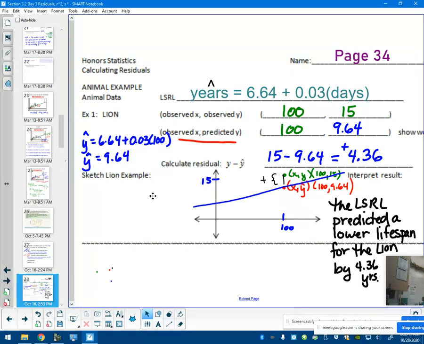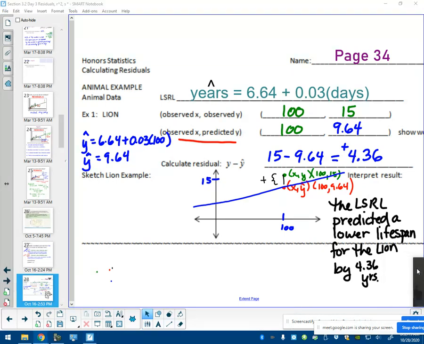Or you could say, whatever is easier for you, the least squares regression line underpredicted the lion's life by 4.36 years. 9.64 is lower than what the actual lion's life was observed to be, which was a difference of something like that. That's what I want to know. And this is what I want you to set up for these other ones.